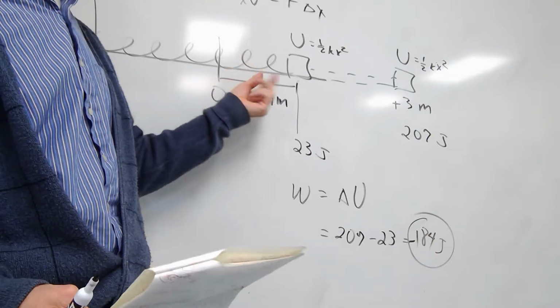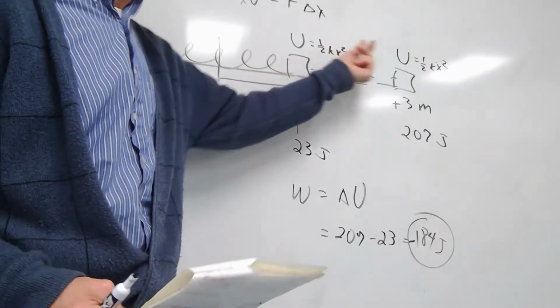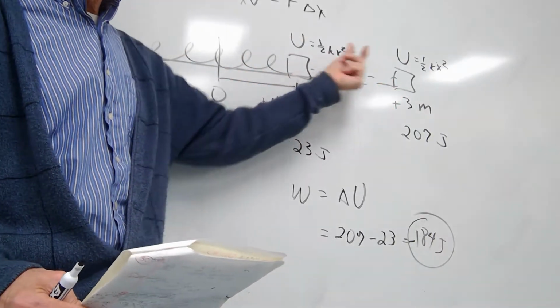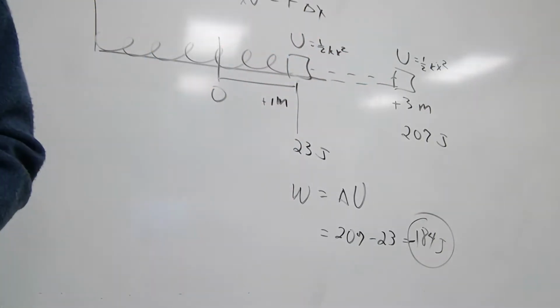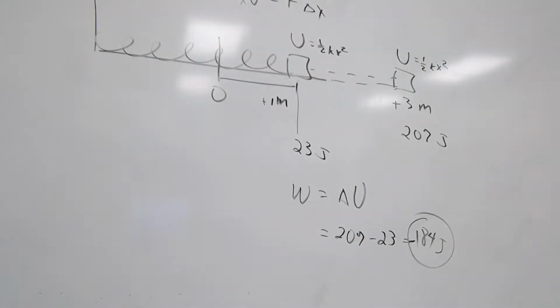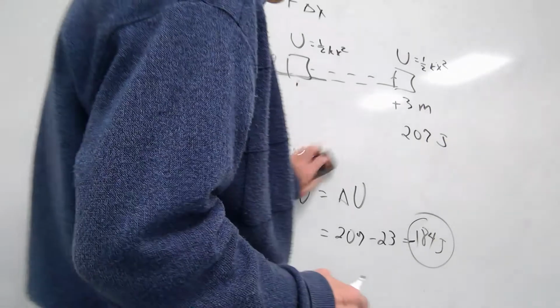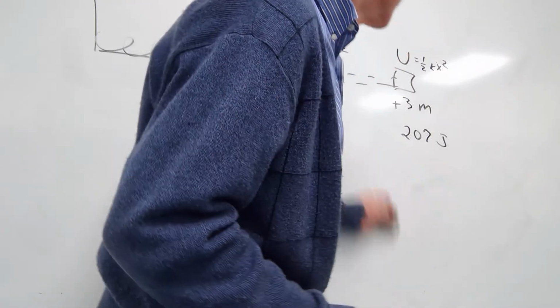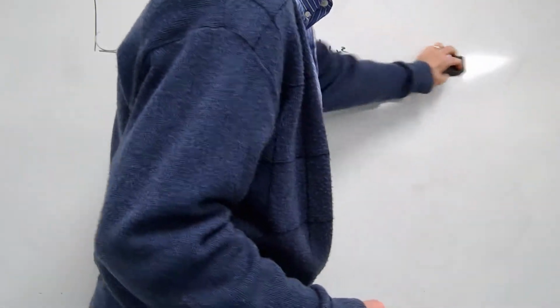And the amount of work it does is equal to its change in potential energy. Okay. So that's A. B has the block moving from the -3 position to the +1 position. So for B, I would look at it like this.